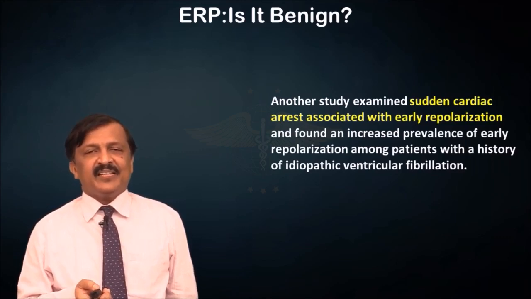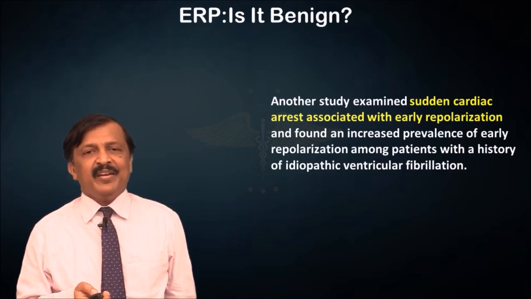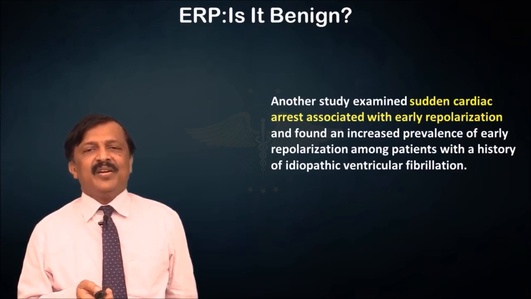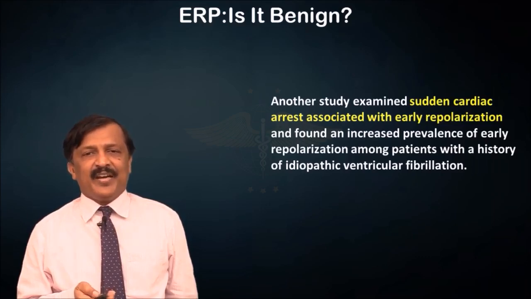So early repolarization may not be as benign as we thought. If you follow these people for 20 to 30 years, they may have an increased incidence of sudden cardiac death.